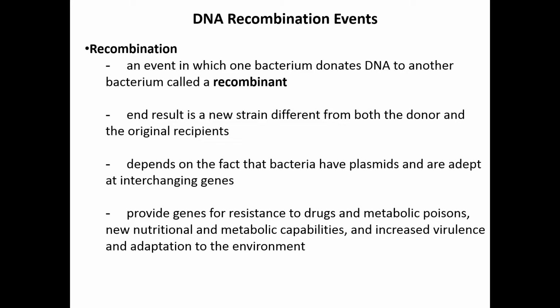You can have virulence factors, like those fimbriae or bacterial toxins, that can be found on plasmids. They allow the bacterial cell to establish itself in a host and, as a result, promote an infection.